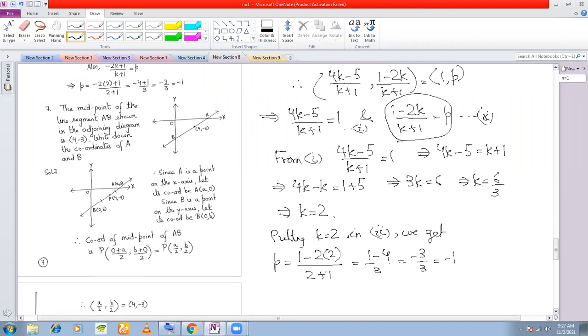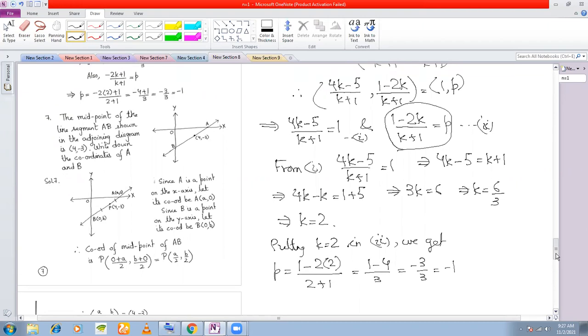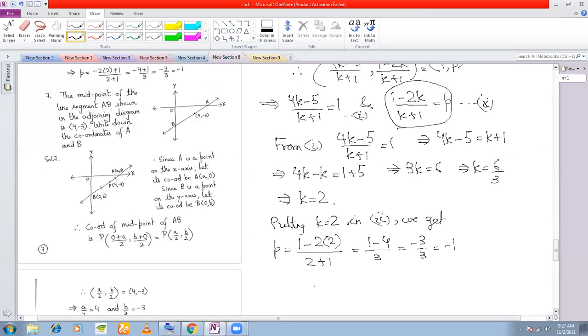So we have got the value of P also. Hence, the value of P for which the points are collinear is P equal to -1. And that should be your answer.